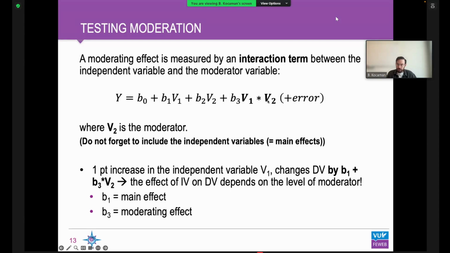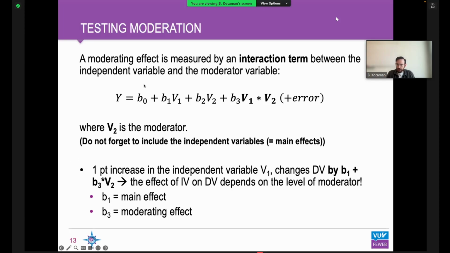This is what we have just seen, right? Because V2 is the moderator, the effect of V1 on Y, so the effect of the independent variable on the dependent variable, actually depends on the level of the moderator. That's why a 1 point increase in the independent variable changes the dependent variable by beta 1, its main effect, and beta 3 times V2, so beta 3 times the level of the moderator.